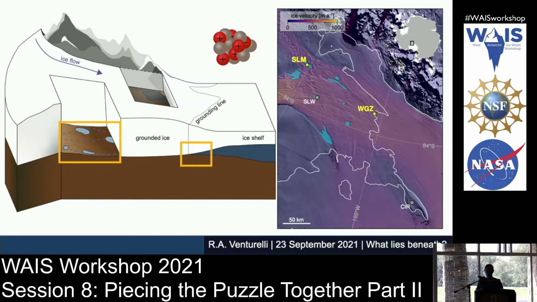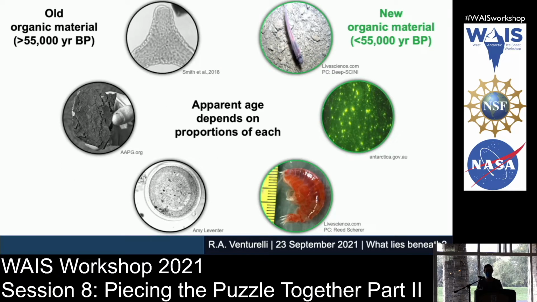Radiocarbon in this context is found in organic material in sediments underneath the ice, and provides a way that we can measure the timing that the ocean was last in this area. But like I said earlier, we need something datable, and the only thing that we have is this really weird mixed up mud that has some material that's really old and some material that does have radiocarbon in it.